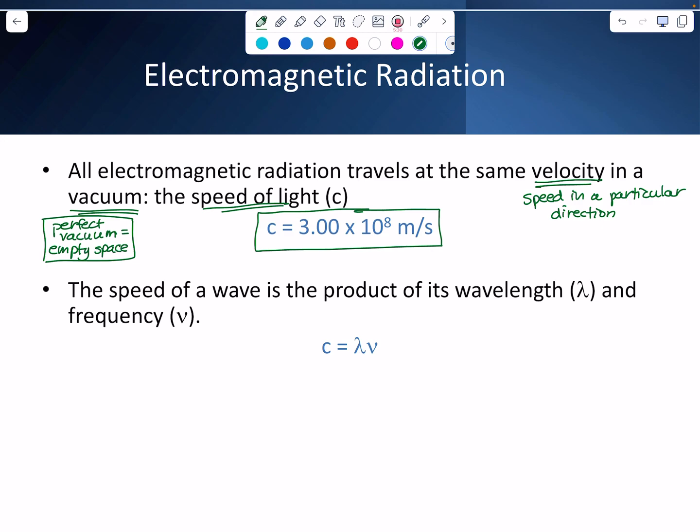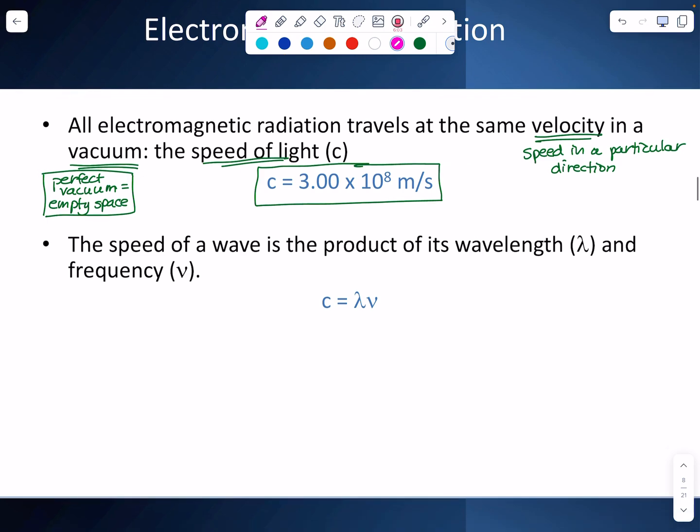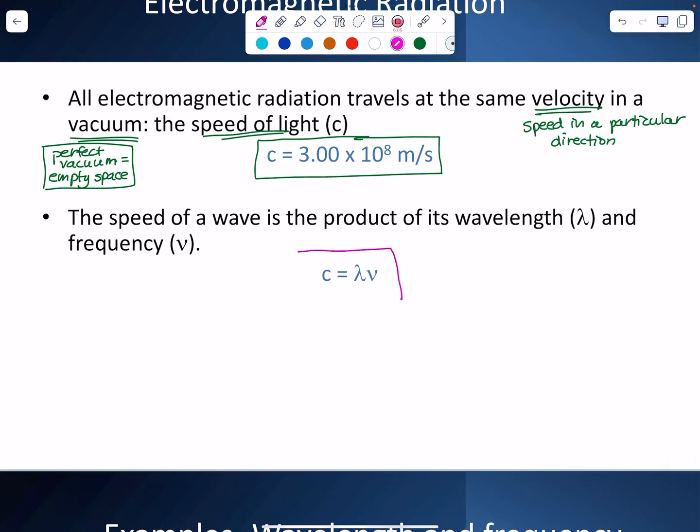Because we noticed that when we're looking at light, its frequency and its wavelength always have the same direct relationship, we can derive an equation that predicts what my frequency is going to be given my wavelength. Here is the relationship: the product of my wavelength and my frequency is always going to be the speed of light.